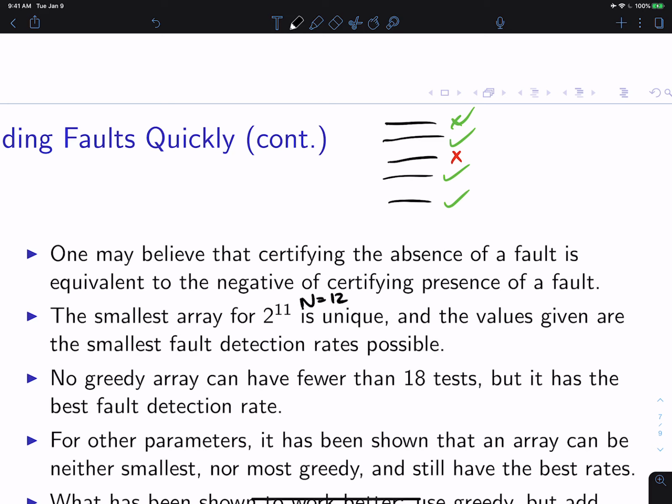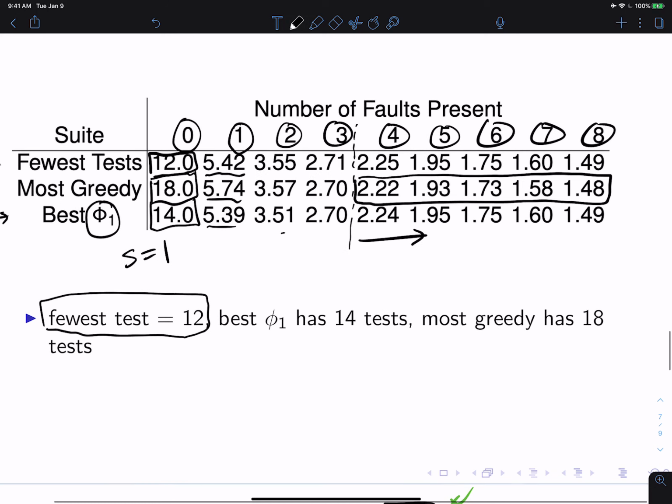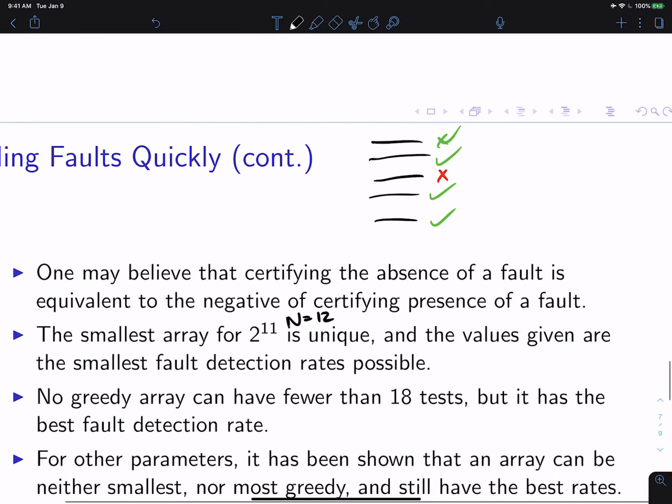And no matter how I order it, it's going to do exactly the same thing. And in fact, they were able to show that through exhaustive computation. Through every reordering of the rows, do we get any different detection rates of faults? And it turns out that the one that they have right here, the one in the top row, that's the best that they could possibly get out of it.